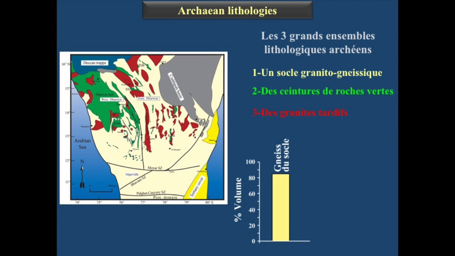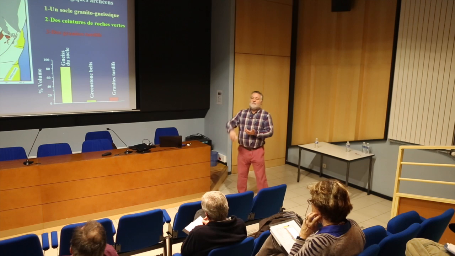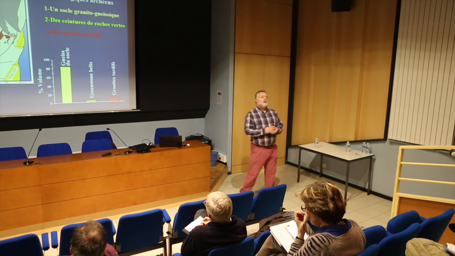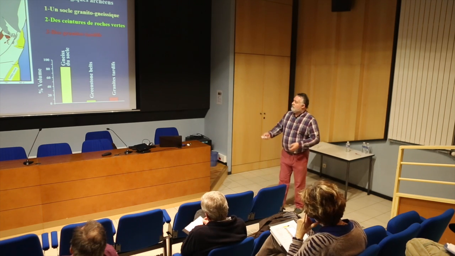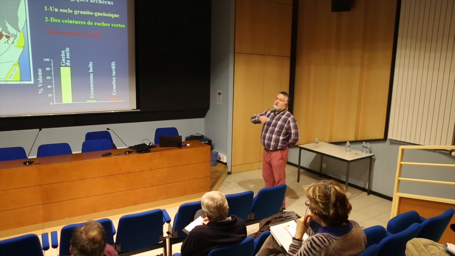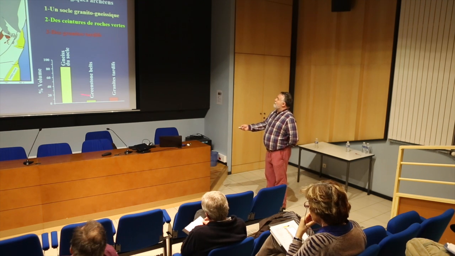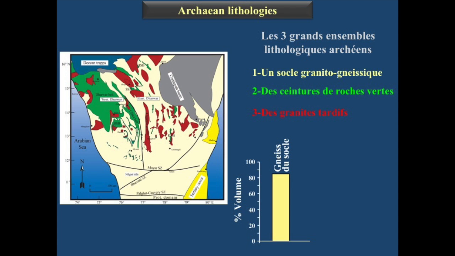Of course, if you look at this, you will say, okay, but there is more than a few percent of greenstone here, if you look at the surface. But the greenstones are rocks, sediments, emplaced at the surface. So maybe you have 2 or 3 kilometers of greenstones, but at depth you have 20 or 30 kilometers of gneisses. So the map is a representation of the surface, while this diagram is an estimation of the volume. So this is why there is a difference.